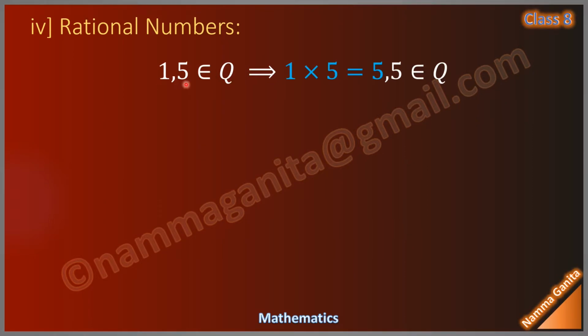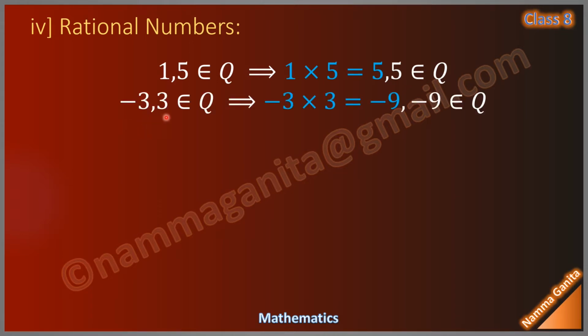If 1, 5 belong to Q, that implies 1 into 5 is equal to 5, and 5 belongs to Q. Minus 3, 3 belong to Q, that implies minus 3 into 3 is equal to minus 9. Minus into plus is minus. Minus 9 belongs to Q.